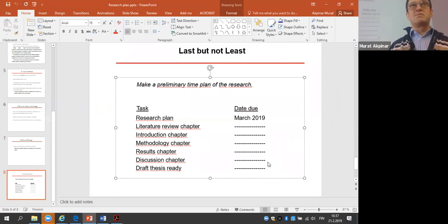So there will be presentations all the time. Some fast student will present their methodology chapter, while a slower paced student will present the introduction chapter. So we will have presentations all the time, and they are to help you get feedback.